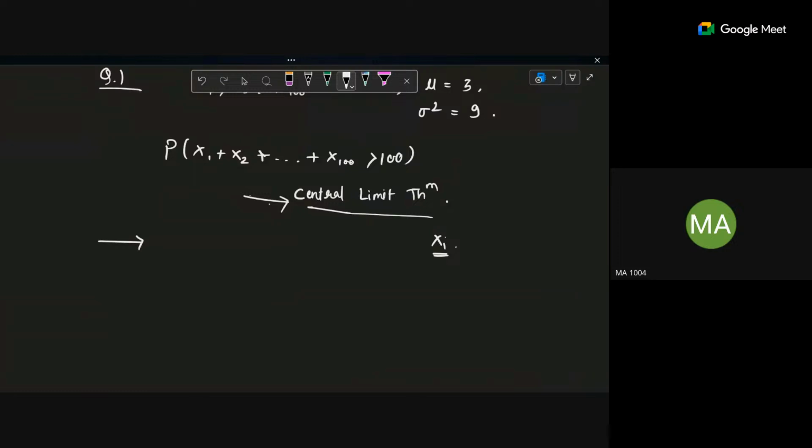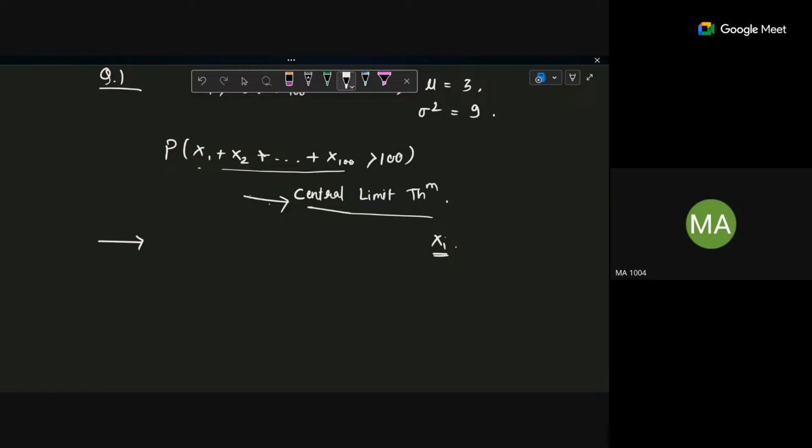We don't know the distributions of the Xi's, but by scaling in a particular manner, when we sum up all these random variables, that linear combination will converge to a normal random variable. So look here, this is nothing but the sum of random variables, right?